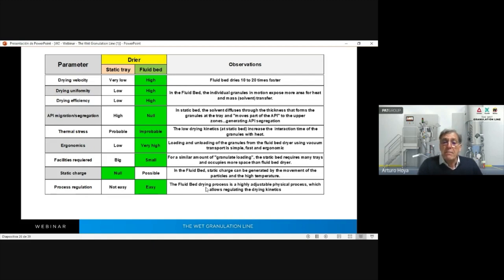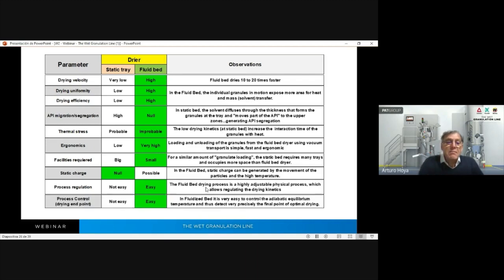The fluid bed drying process is a highly adjustable physical process, which allows regulating the drying kinetic. And finally, process control of the drying endpoint.